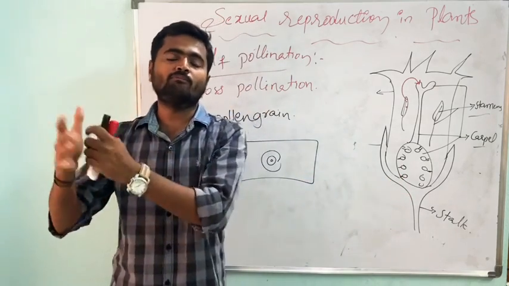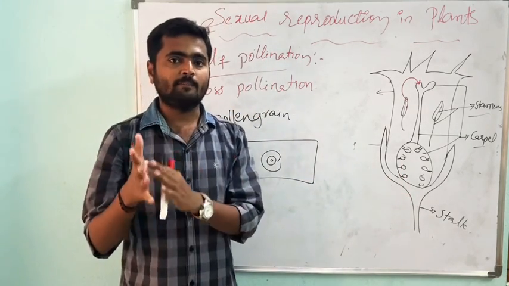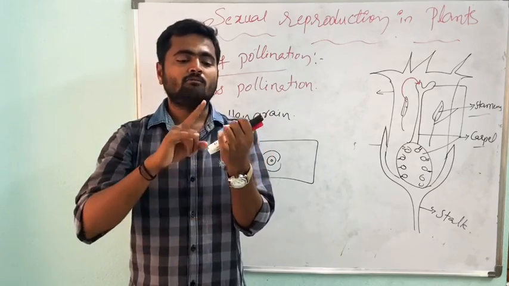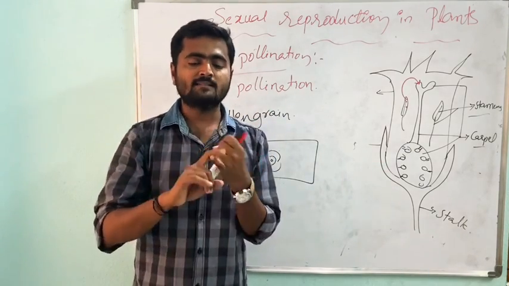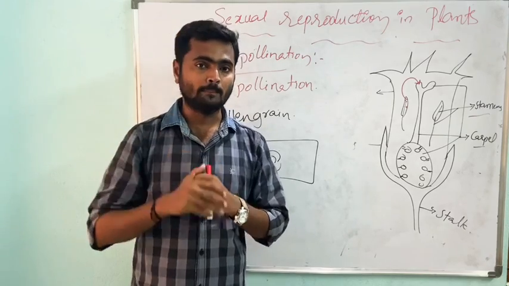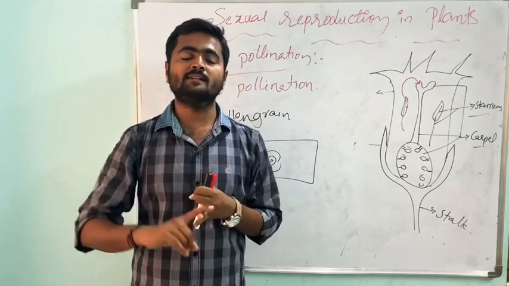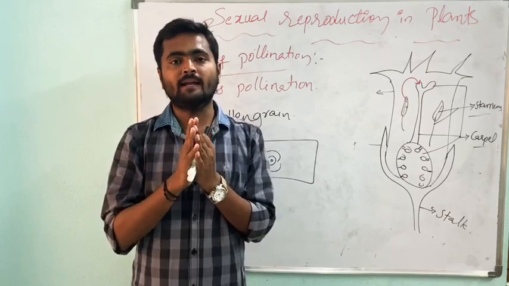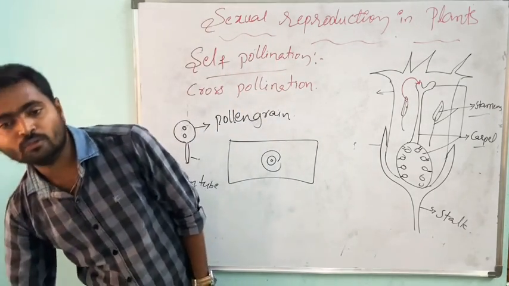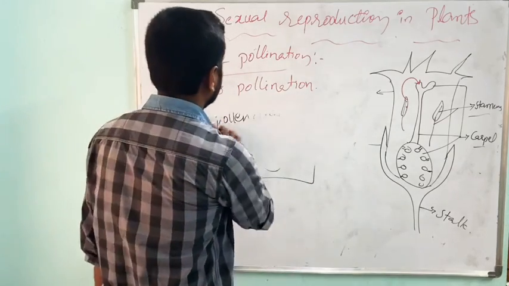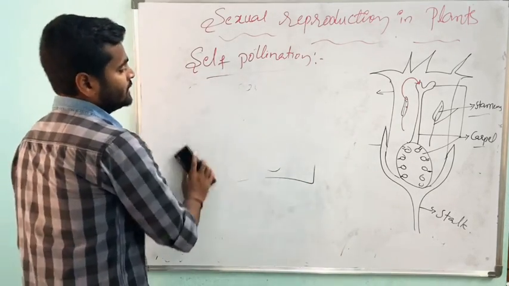Based on the type of plant, they contain 1, 2, or more than 2 ovules. Some plants contain only 1 ovule, some contain 2, some contain more than 2. So ovules differ in number in different types of plants.